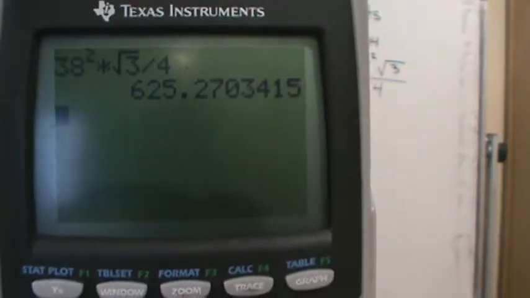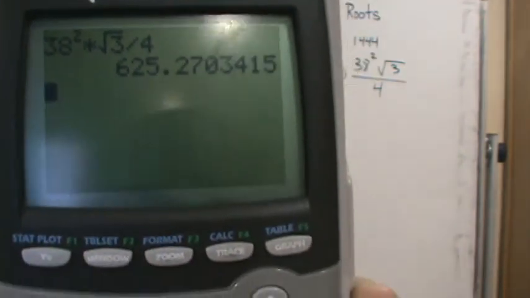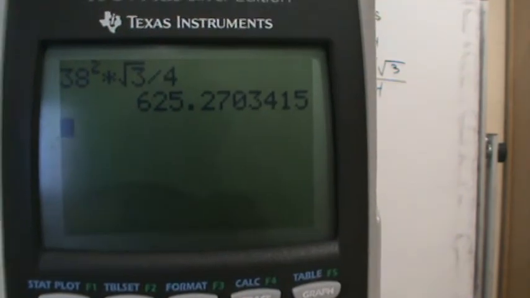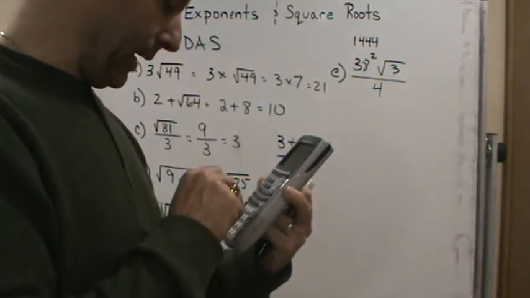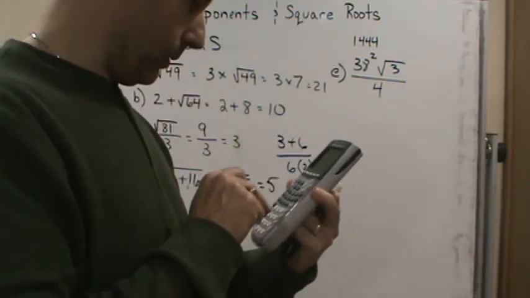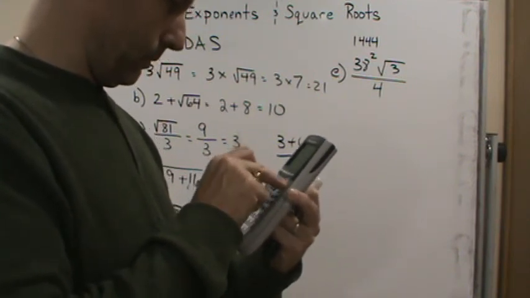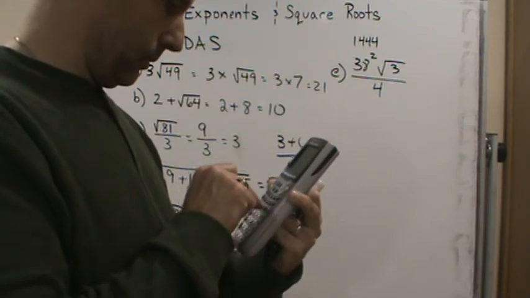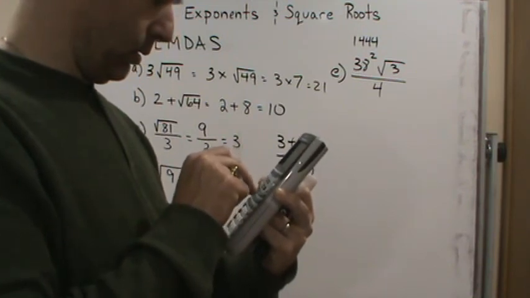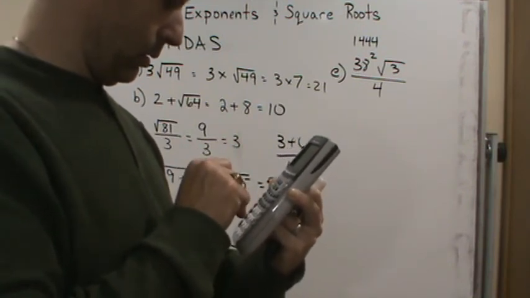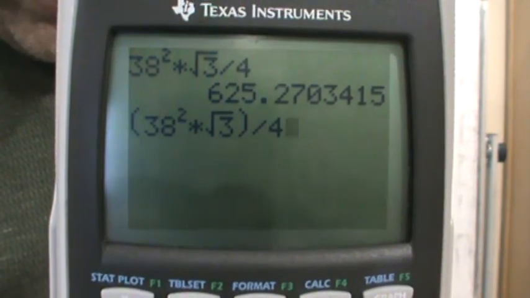Now sometimes with the calculator, you have to be careful, you won't put it in right, or it will not follow the order of operations the way you think it will. So what I would do, again, if I set this up again, is you could put parentheses around the numerator.